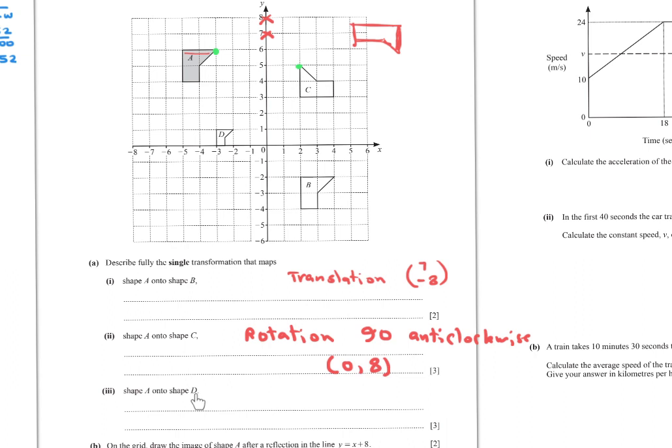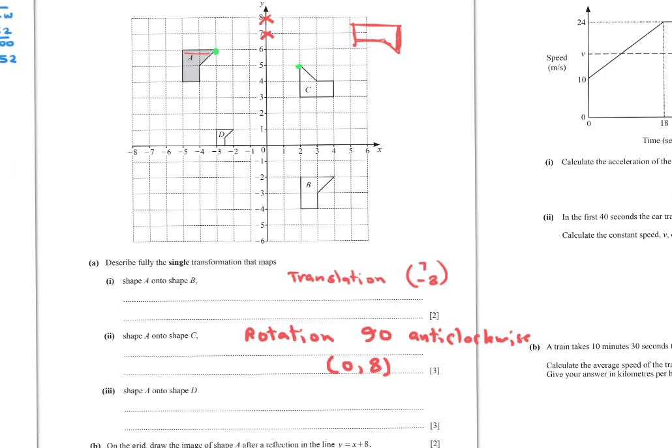Now the transformation from A to D is an enlargement. Scale factor: the new side is 1 and the old side is 2, so the scale factor is 1 over 2.